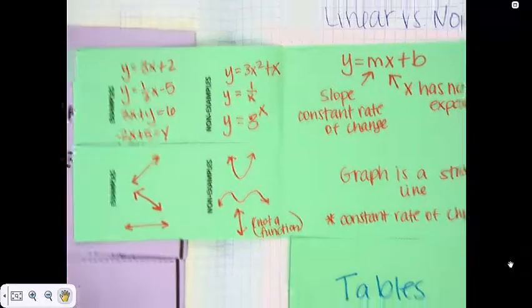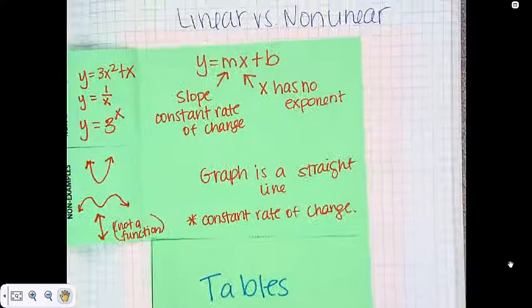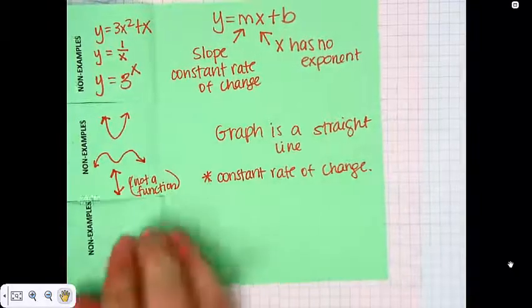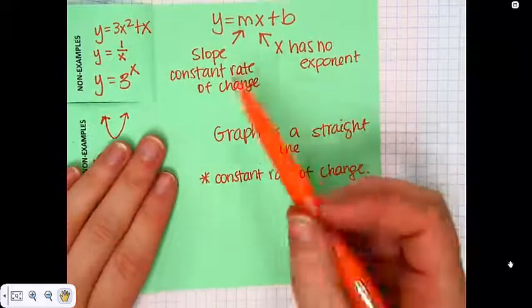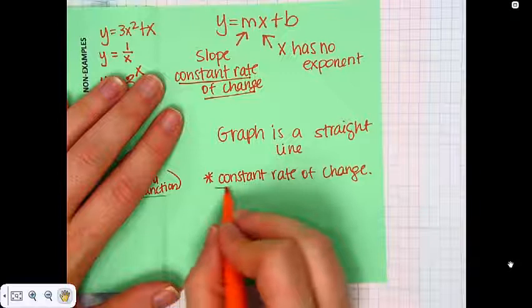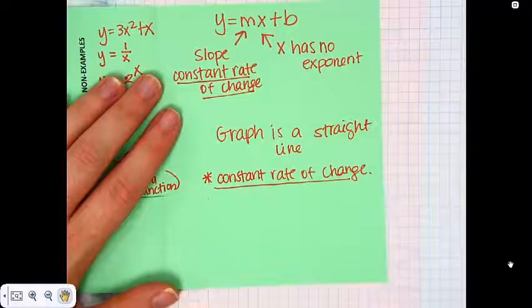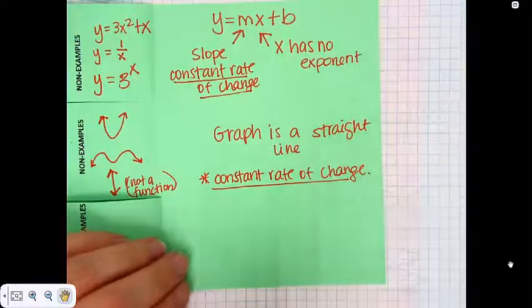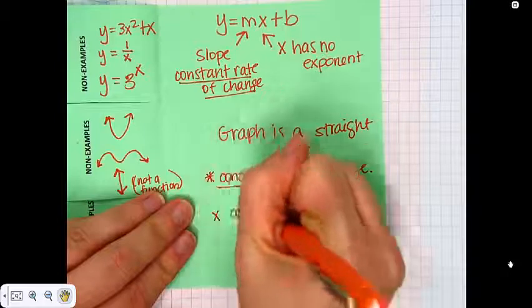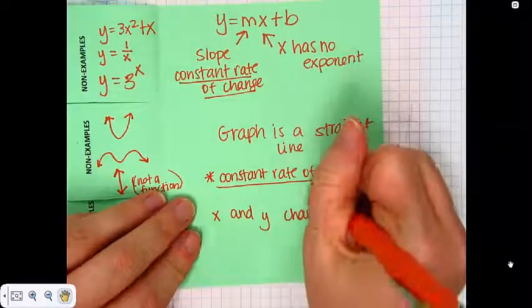Okay. So moving on, the last way and probably the most difficult way to identify linear versus nonlinear functions is by looking at a table. Okay, so if you see a pattern here, each of these is defined by a constant rate of change. What that means in a table is that x and y change by constant amounts.